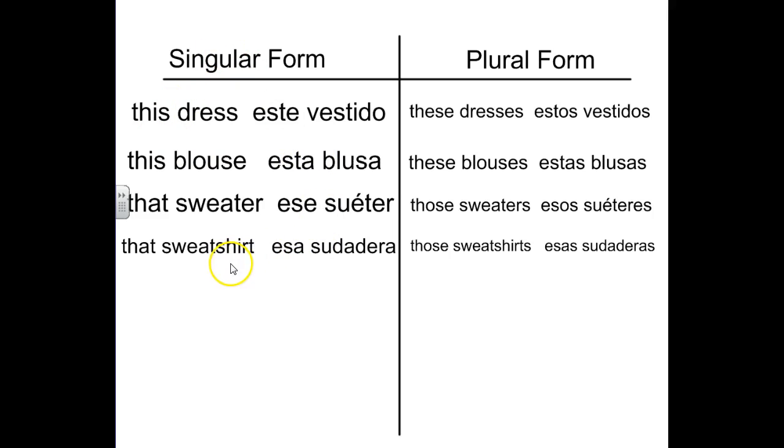And then in English, we say that and those. And in español, those words are ese, esos, esa, and esas, depending again if it's masculine or feminine and if it's singular or plural. Bueno, there's some practice for you after this.